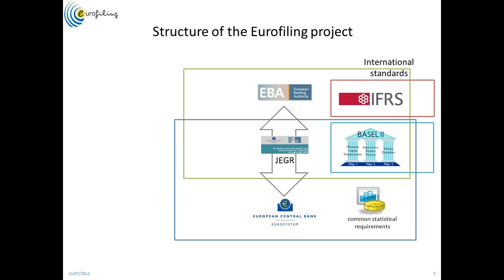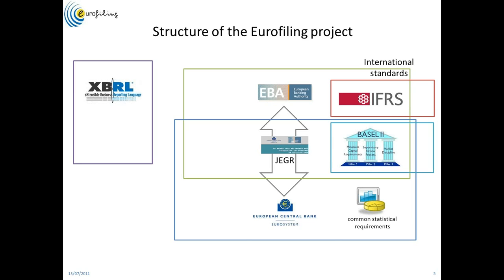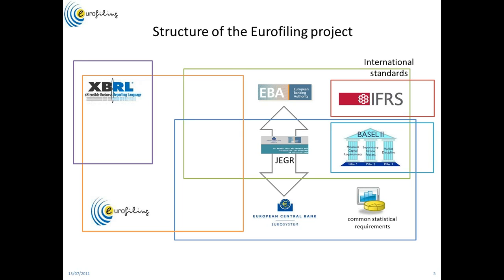In order to make sure that these two organizations do not define different requirements and follow the same breakdowns, there is a joint experts group on reconciliation which identifies the same elements and the same breakdowns applicable by EBA and the European Central Bank. Then there is the standard XBRL, which was selected by Eurofiling for development of the taxonomies.